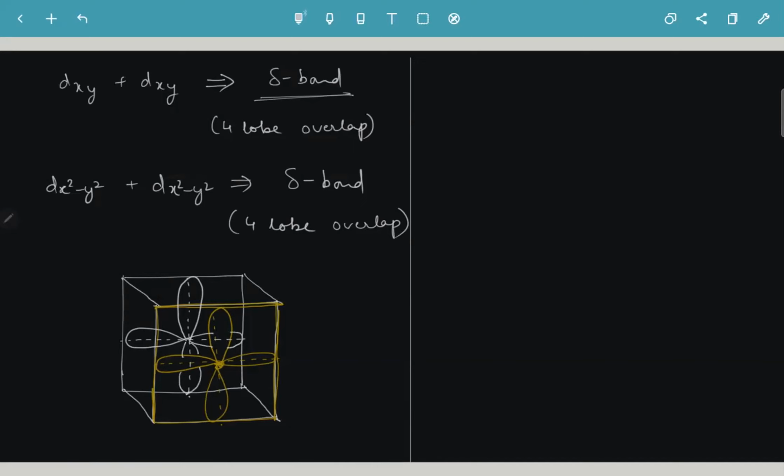आ रहा है समझ में? ये दो d orbitals दिख रहे हैं, दो अलग अलग एटम्स के d orbitals हैं, और एक्सिस ये वाला एक्सिस है, इंटरन्यूक्लियर एक्सिस. एक सेकेंड.